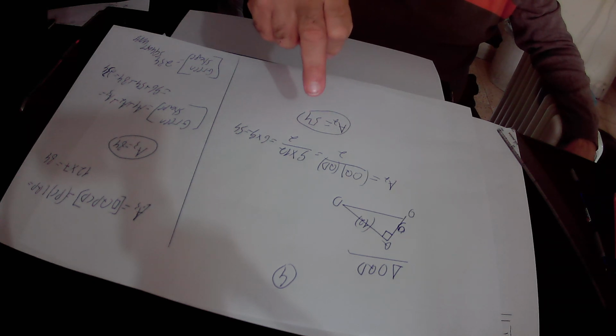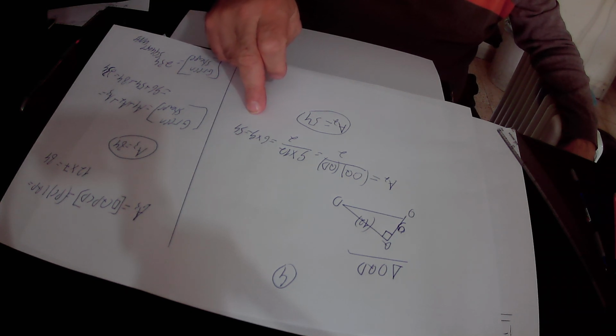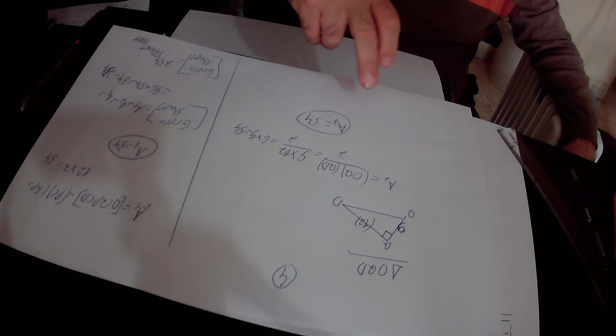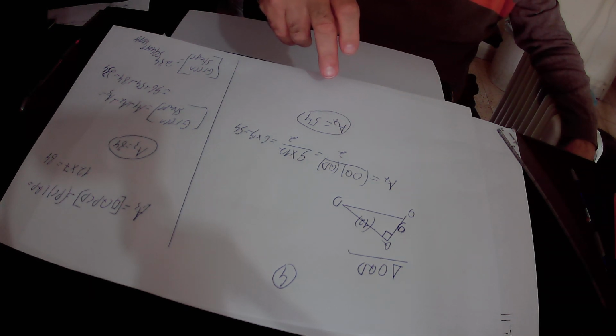QO is 9, QD is 12, over 2. 12 over 2 is 6, so this expression equals 6 times 9, that is 54. In conclusion, A2, the area of the right triangle QOD, equals 54 square units.